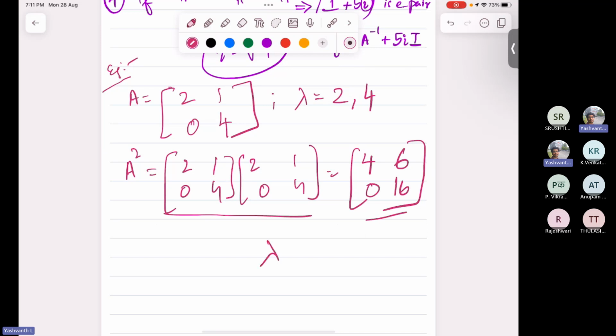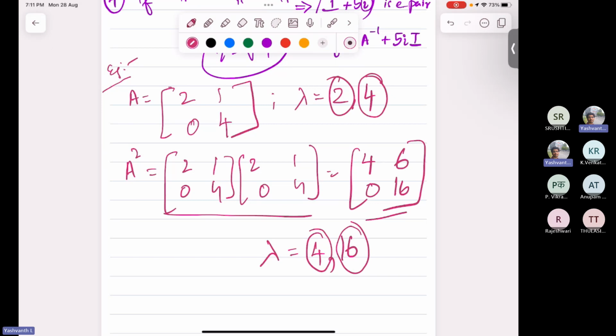What is the eigenvalue for this new A square? 4 and 16. You see 4 is nothing but the square of 2, 16 is nothing but the square of 4. Why is it square? Because I'm doing a square operation to A. In principal component analysis, it's different in the sense you only want to retain the principal components. You want to ignore some of the eigenvalues. But that is not what I'm saying here. I'm saying how all the eigenvalues differ with respect to the original matrix.